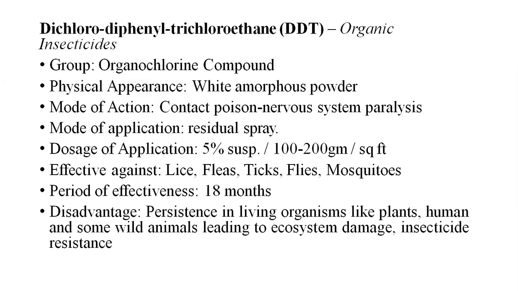It comes under the group of organochlorine compounds, and its physical appearance is white amorphous powder. Its mode of action is contact poison; it acts on the nervous system and paralyzes it.